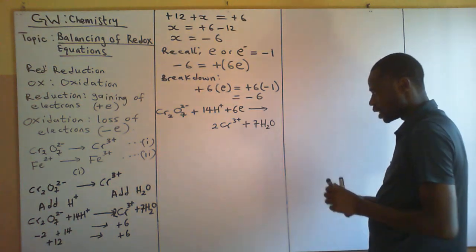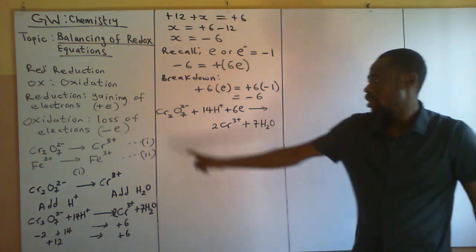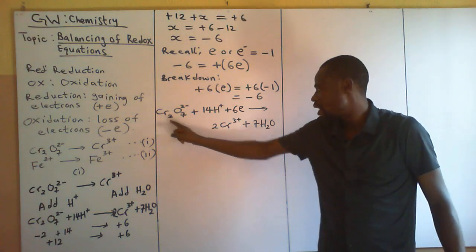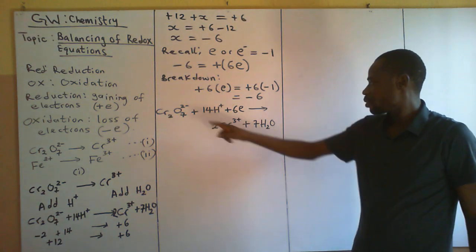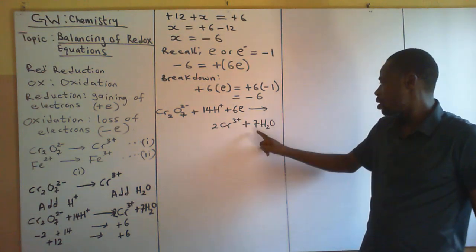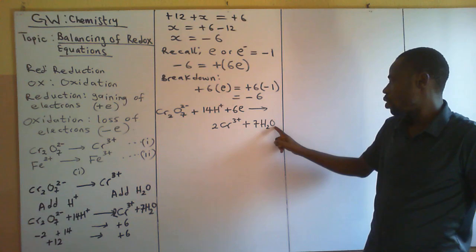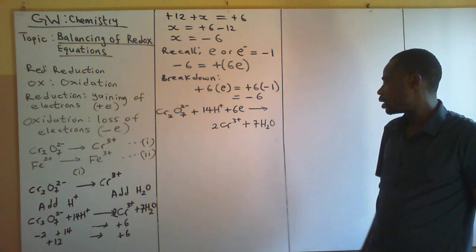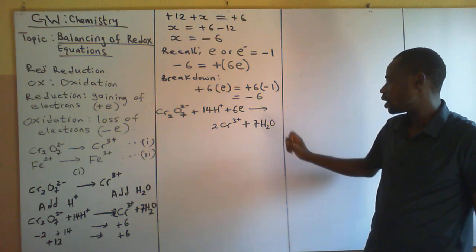This equation is balanced. If you look at it very well, 2Cr at the left, 2Cr at the right, 7O at the left, 7O at the right, 14H at the left, 14H at the right.